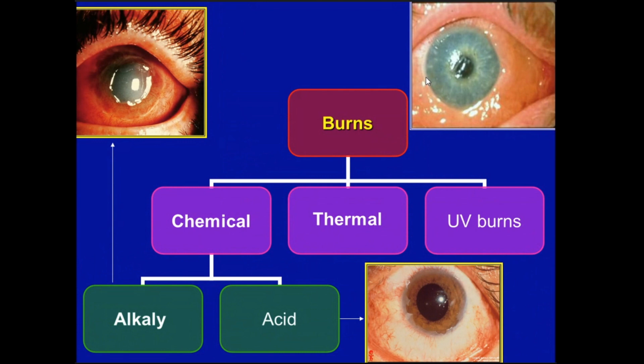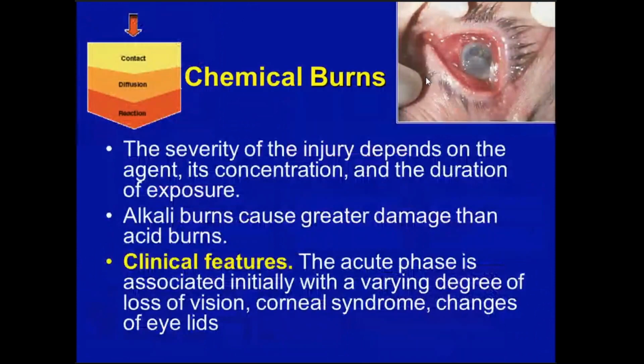As for the chemical burns, we can divide all burns into alkaline and acid. Chemical burns are more severe, and severity of the eye burns depends on the agent, its concentration, and duration of exposure.